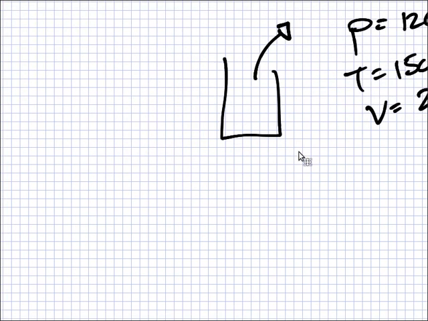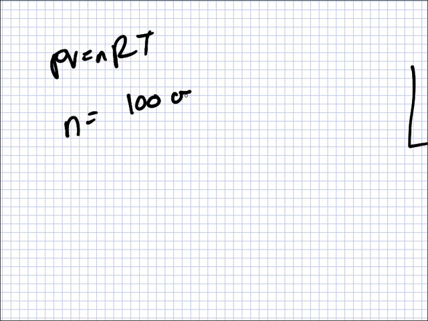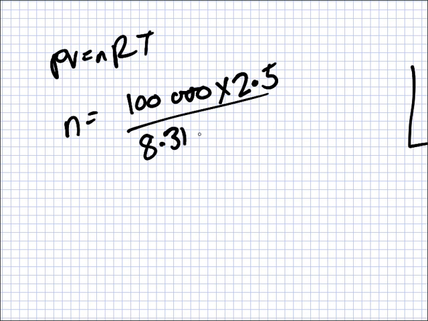Before I do that, I just want to do what was the number of moles at the beginning. So PV equals nRT. So n equals PV over RT. So what's this, please?